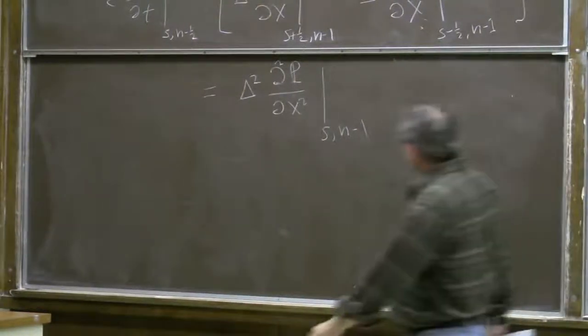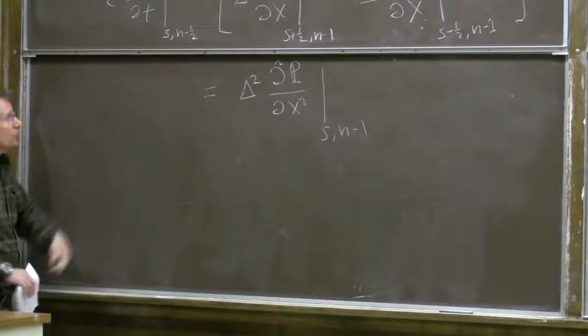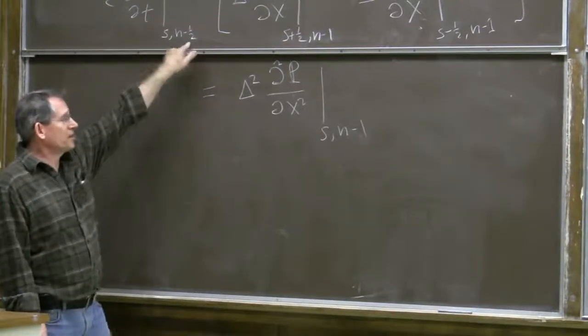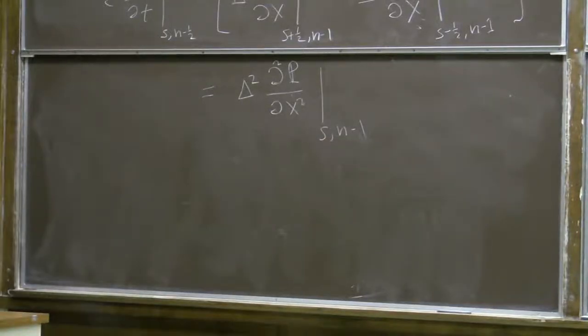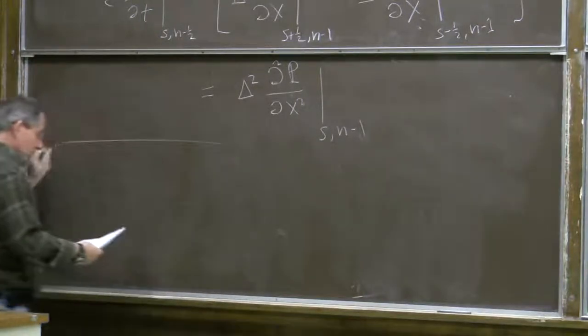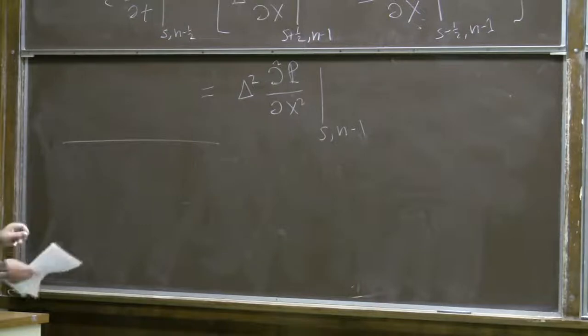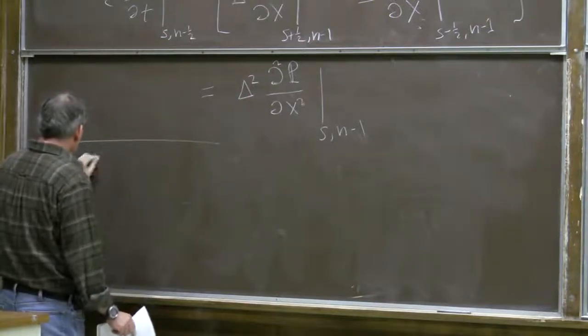So up to higher order corrections, which have to do with the fact that here I have time n minus 1/2 and here I have time n minus 1, which I'll be able to ignore when I take the limit of epsilon going to 0, we have that the probability distribution in this smooth limit satisfies the differential equation.